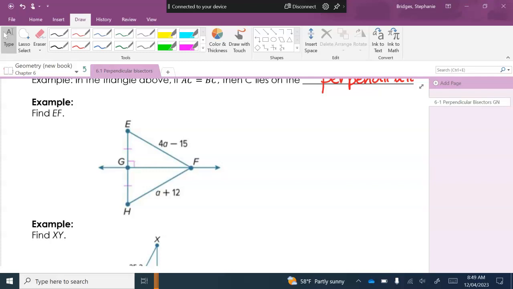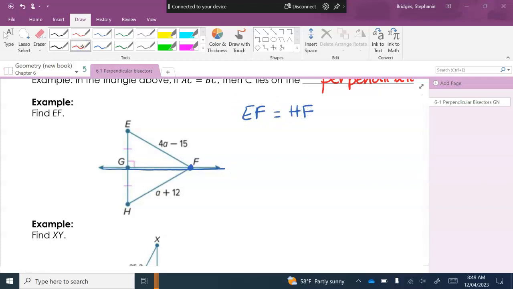What could you tell me about EF and HF? They're congruent, yes. Because F is on this perpendicular bisector, that means EF is going to be equal to HF.